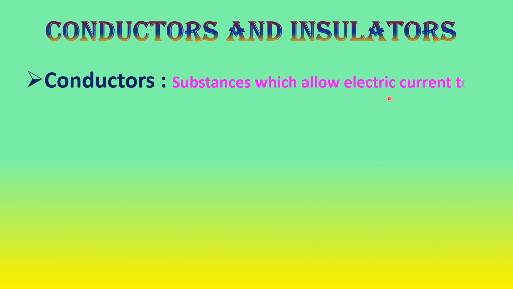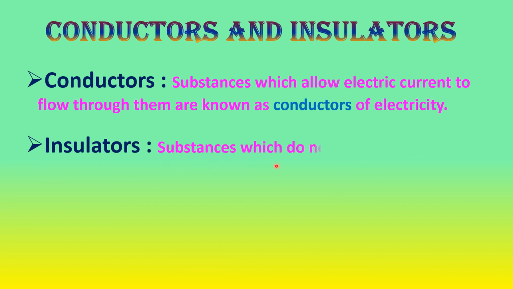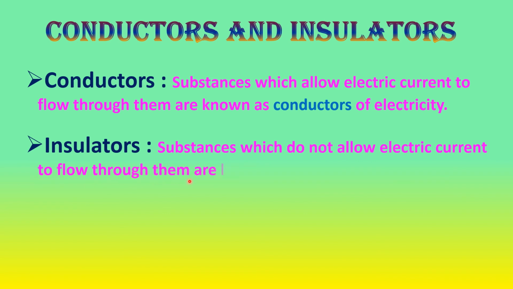Conductors: substances which allow electric current to flow through them are known as conductors of electricity. And what are insulators? Substances which do not allow electric current to flow through them are known as insulators of electricity.